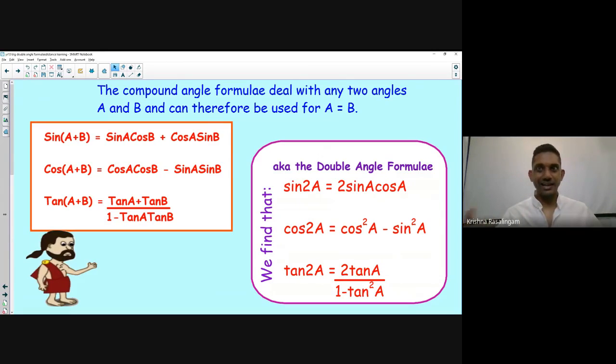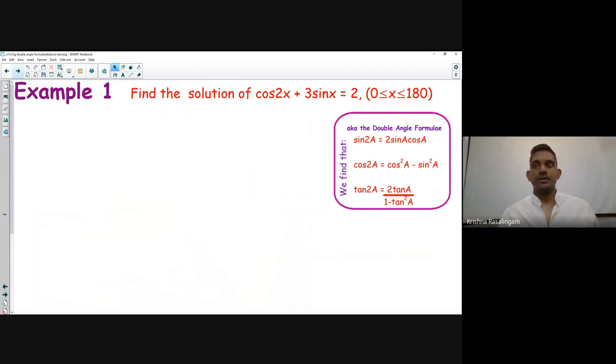So all we've done is let A equal B. So if I use the first one as an example, sin(A+A) would equal sin A cos A plus cos A sin A, which would give us the top formula, and so on and so forth with the other two. So we need to be able to use those. So again, pause the video and attempt this question, please.